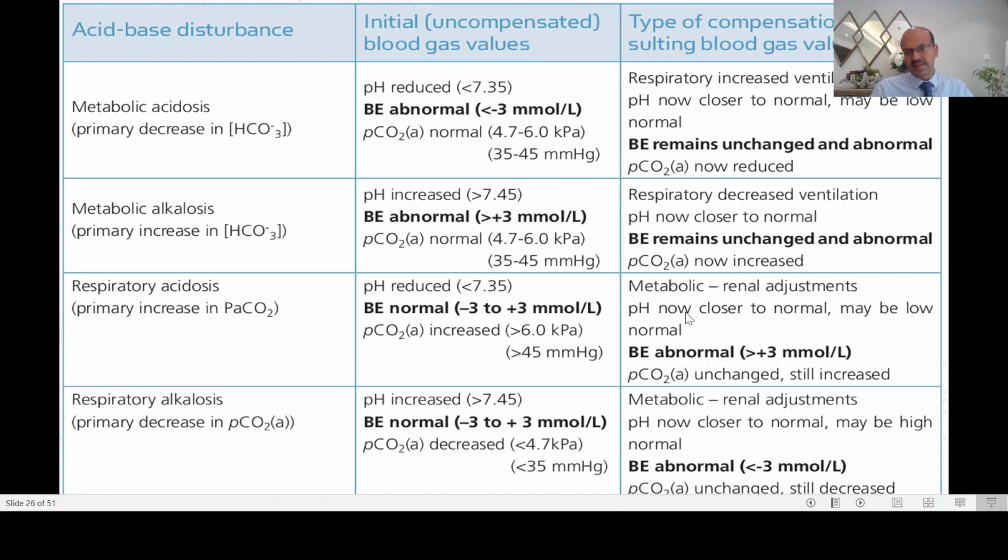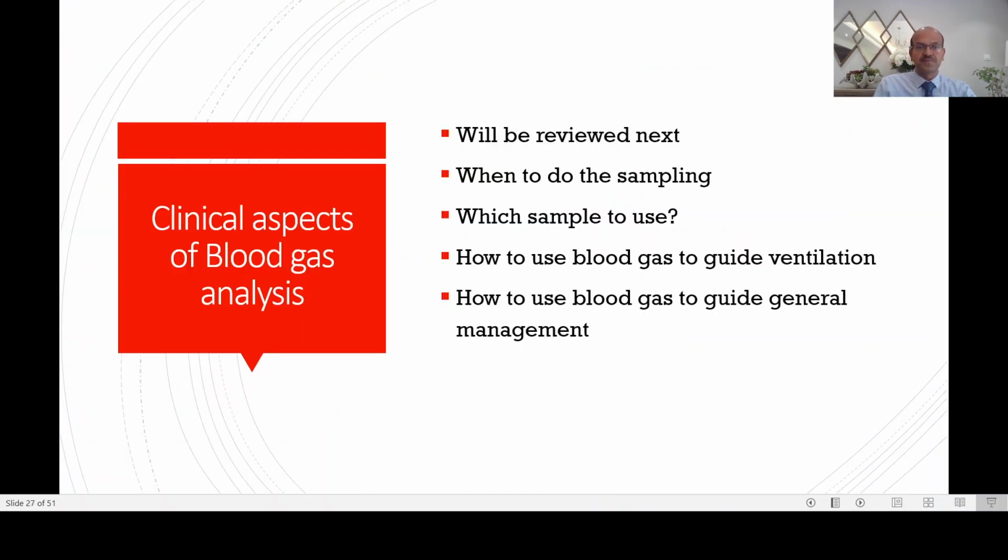So when you look at a compensated state, the pH may be less abnormal, but the CO2 level and the base excess will guide you. Respiratory alkalosis is usually acute; chronic respiratory alkalosis is not that common. The pH is increased, the base excess is normal, and the CO2 is reduced. The renal adjustments usually are not that pronounced because it's short term.